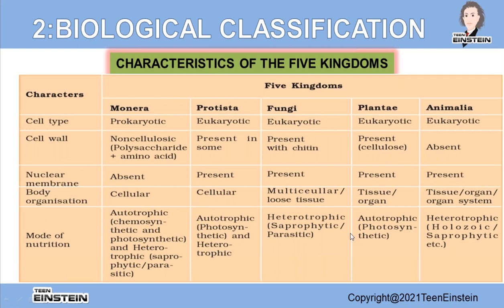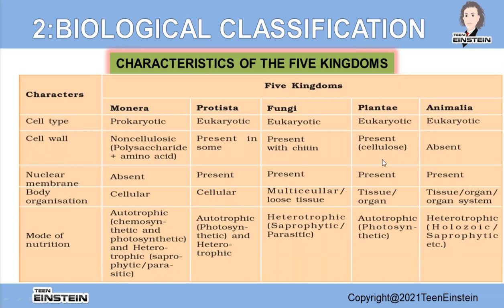Next is mode of nutrition. This is heterotrophic, meaning saprophytic or parasitic. There is no autotrophic organism in kingdom fungi; it has only heterotrophic organisms.